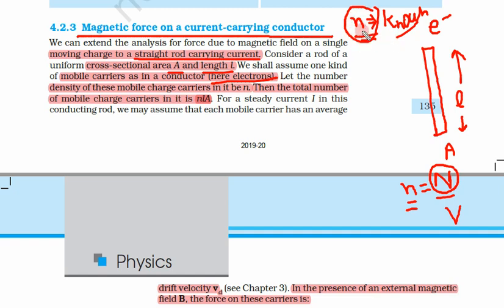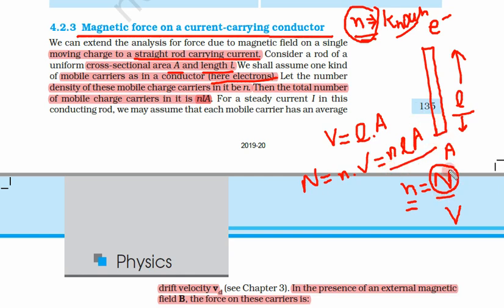So we always take small n, and area and length we know. Volume is simply length into area, and capital N is equal to small n into V, that is nLA.